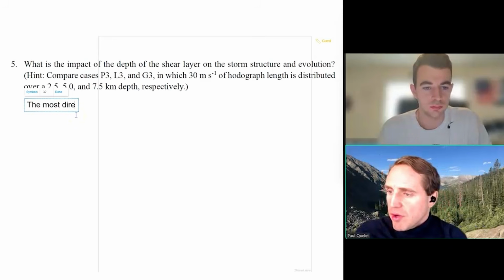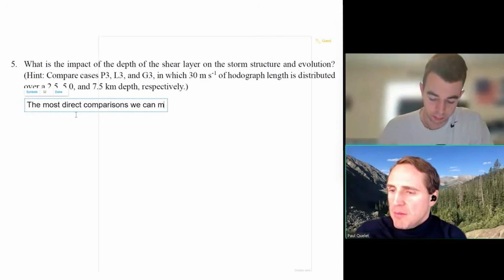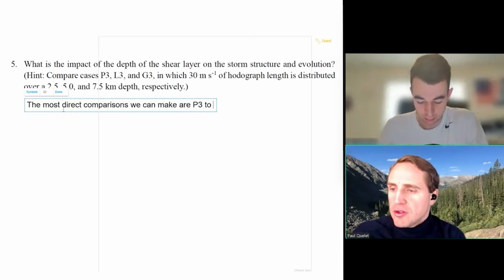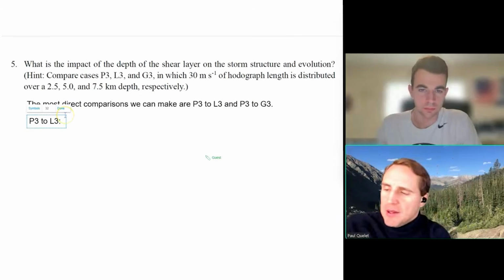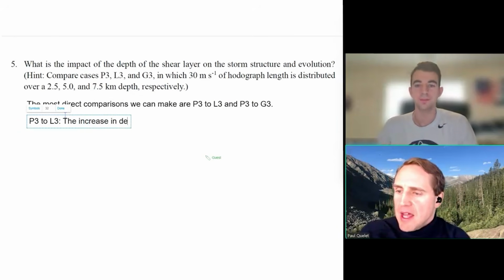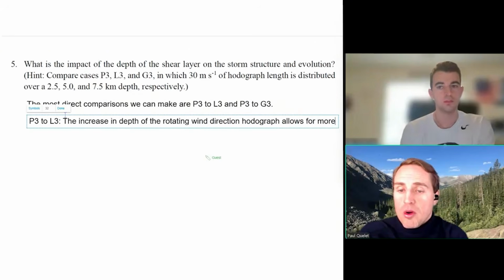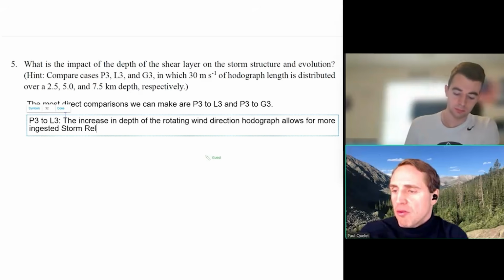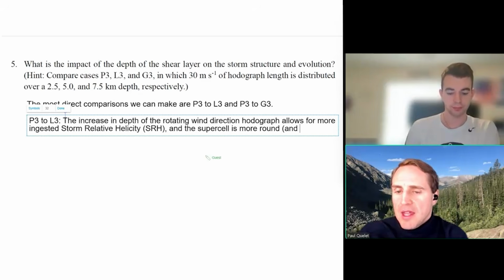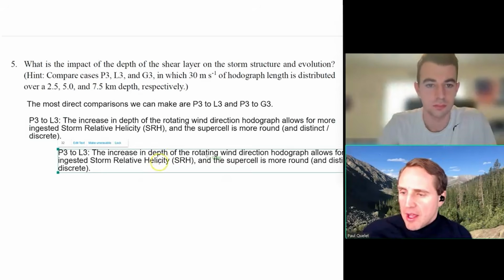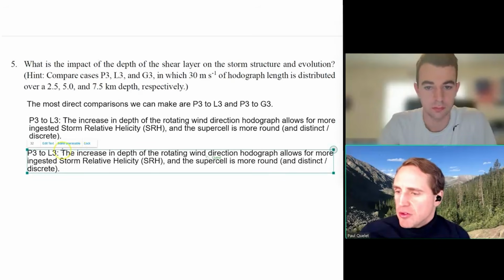The most direct comparisons we can make are P3 to L3 and P3 to G3. We can say the increase in depth of the rotating wind direction Hodograph allows for more ingested storm relative helicity, and the supercell is more round and distinct. Then let's have a look at P3 compared to G3.